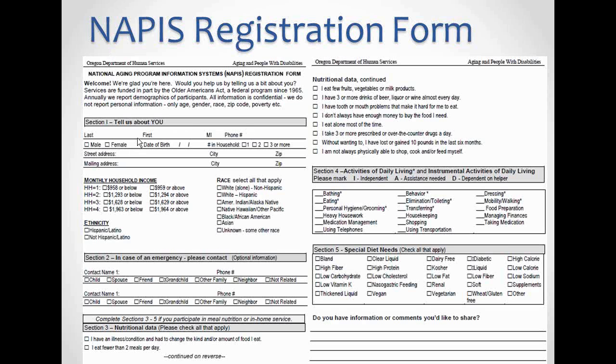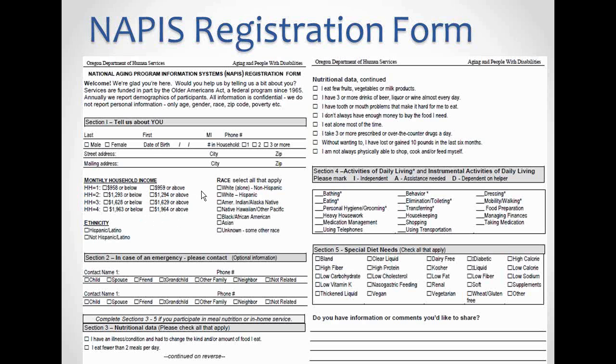So what you have first here is this section of tell us about you. This is not basically optional information. We do need to know their gender. At least the year that they were born is going to give us that date of birth, so we know their age, the number of household, here's their street address and a mailing address.